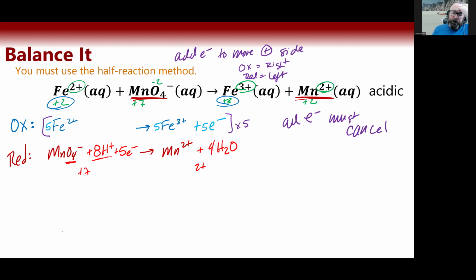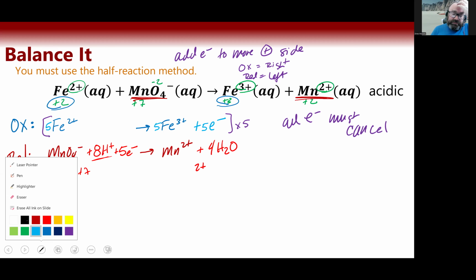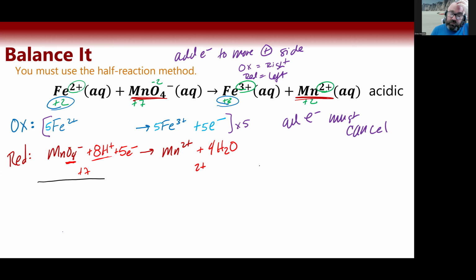Okay. Now that we've multiplied and we know our electrons are going to cancel out, we're going to add them together. Okay. So we know 5 electrons are going to cancel out. Everything else we're just going to write. So 5, and this should be our final. So I'm going to go ahead and add the phase labels back in because we want to have phase labels when we're done.